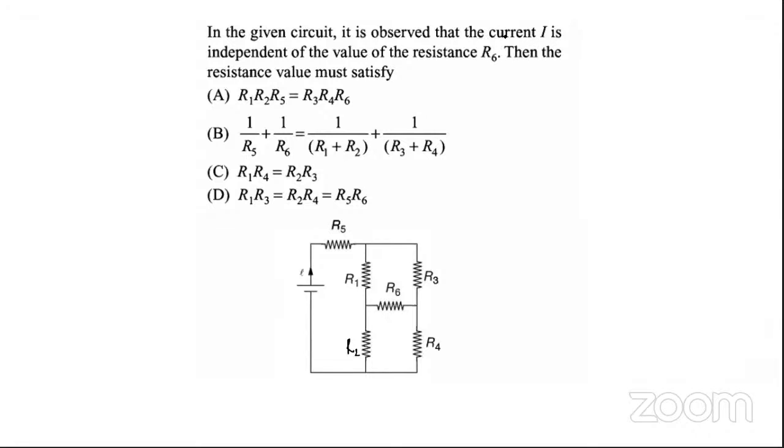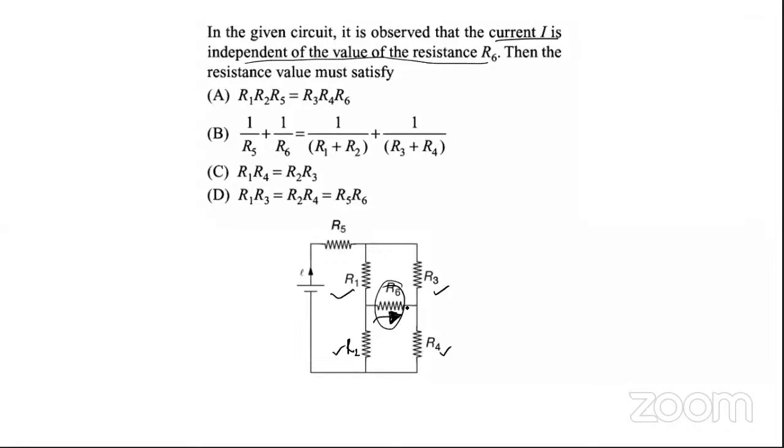See, the current I is said to be independent of the value of the resistance R6. That means no current is flowing in this branch. So what does this remind us of? This reminds us of Wheatstone bridge. Right. We have four resistances over here. We have one resistance in between.